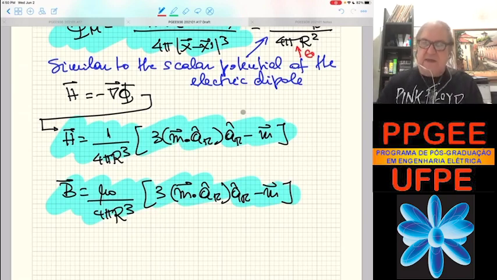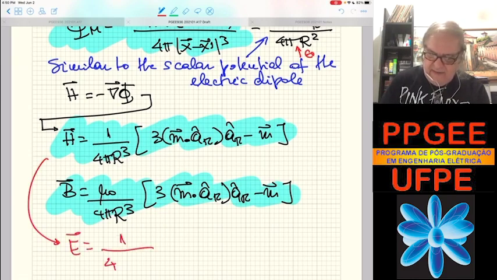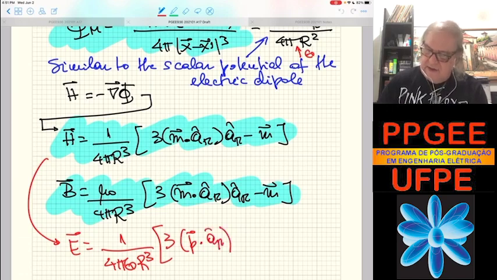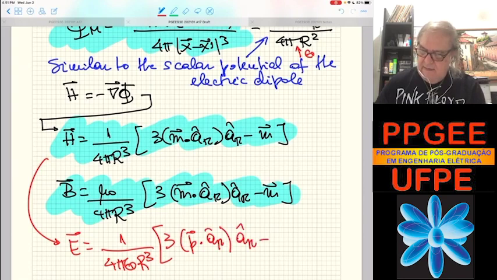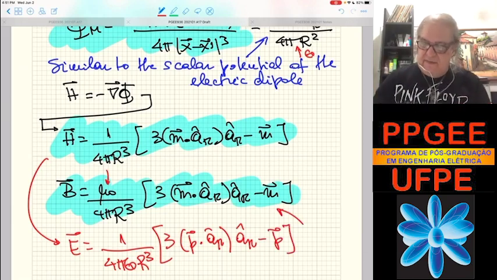The classical expression for the electric dipole is E equals 1 over 4 pi epsilon 0 r cubed times 3 P dot AR times AR, sorry, minus P, right? And B is just, in vacuum, mu 0 times that.